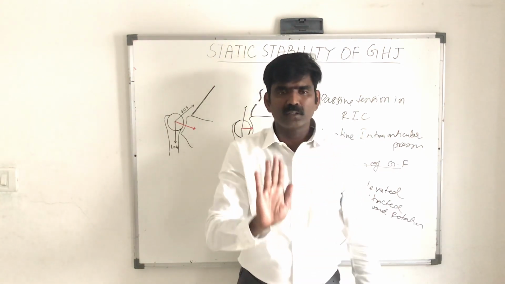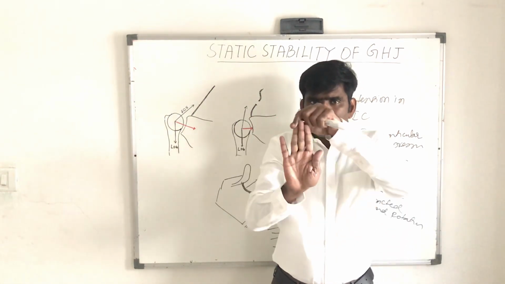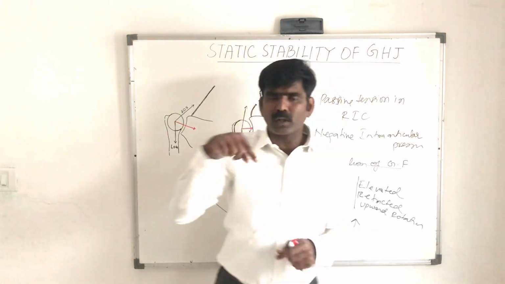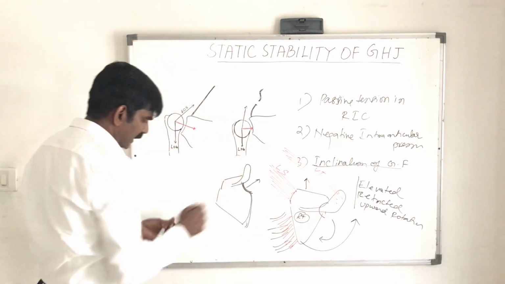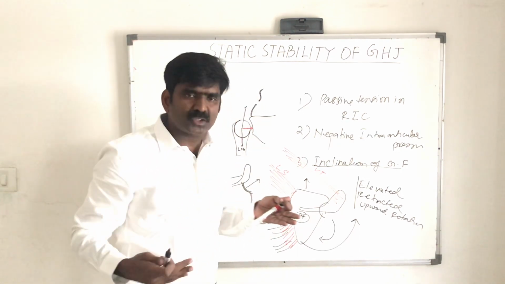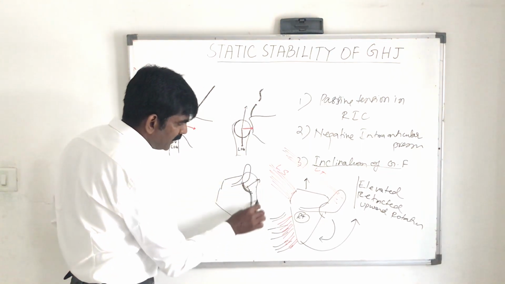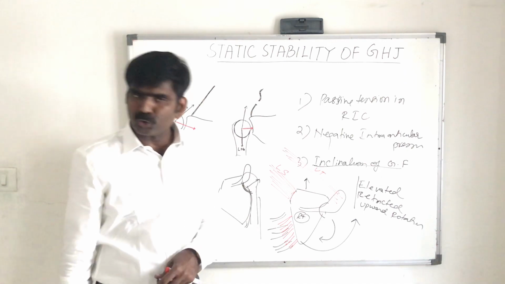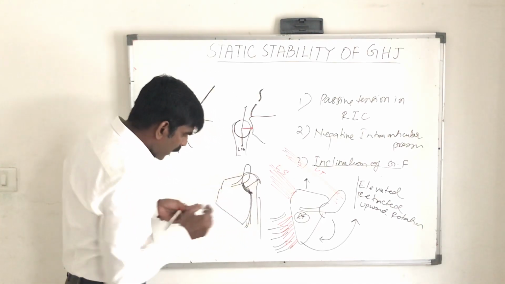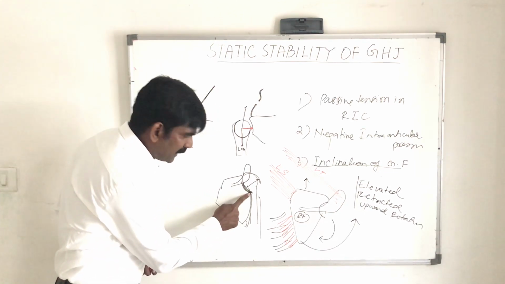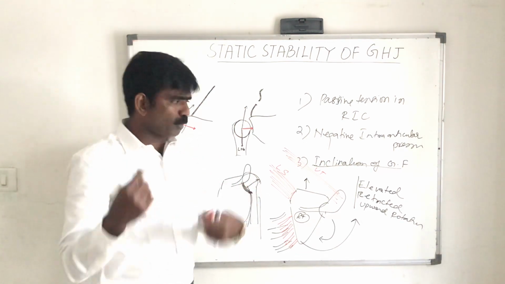The scapula is elevated, retracted, and slightly upward rotated. In upward rotation, the glenoid cavity faces slightly in the upward direction. So this scapular posture itself provides bony stability to the glenohumeral joint. Clear?